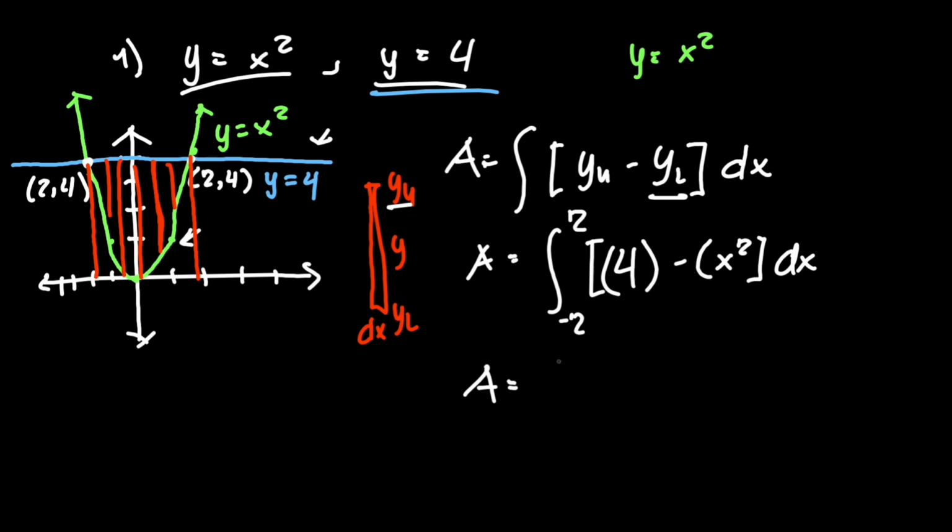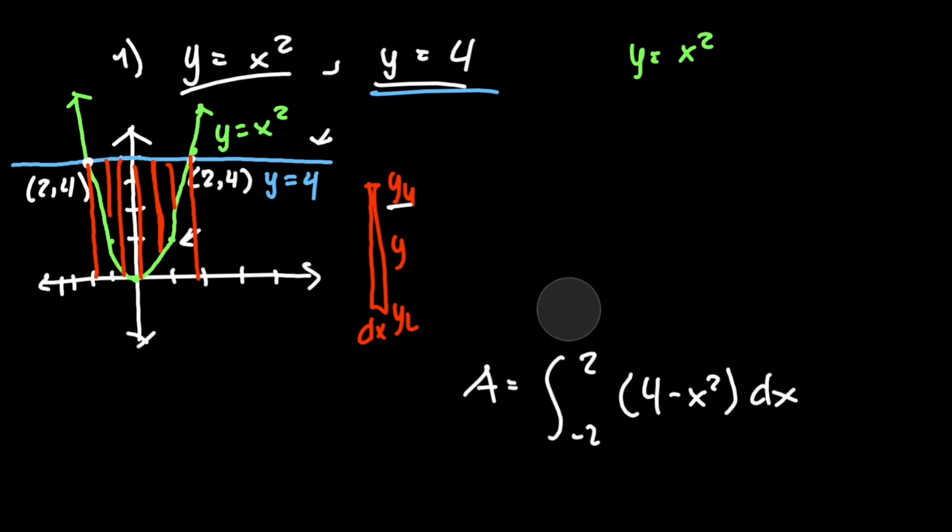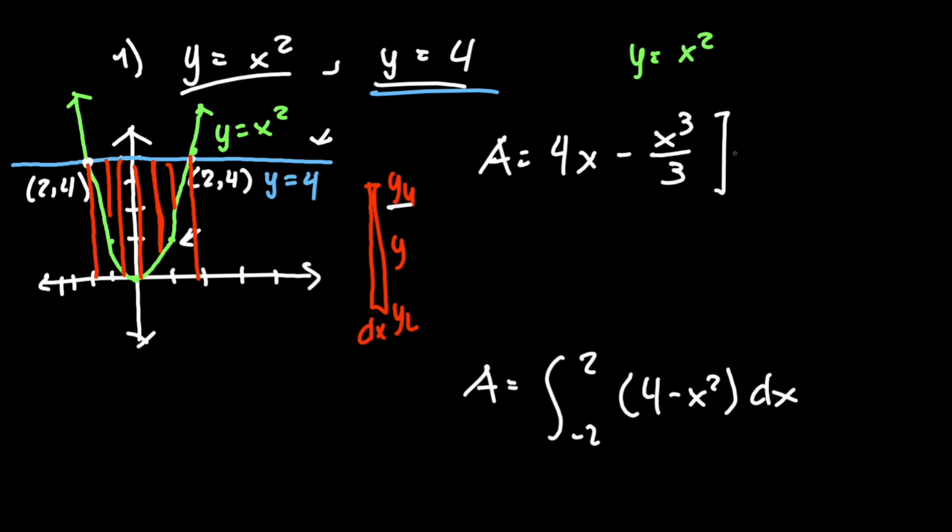And so, by integrating this would be 4 minus x squared of dx. Integral of 4 would be 4x, and integral of x squared would be x cubed over 3, with the upper limit of 2 and lower limit of negative 2.